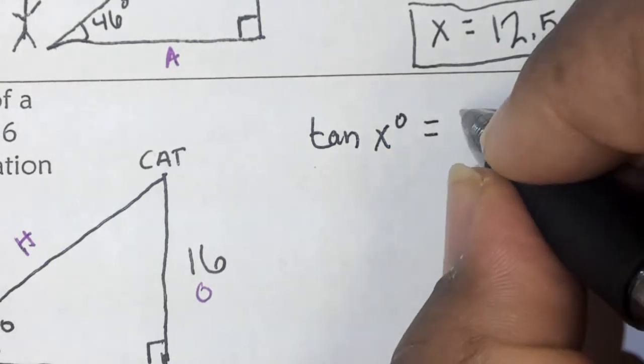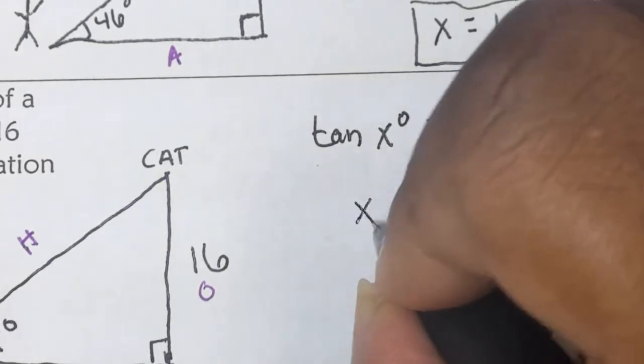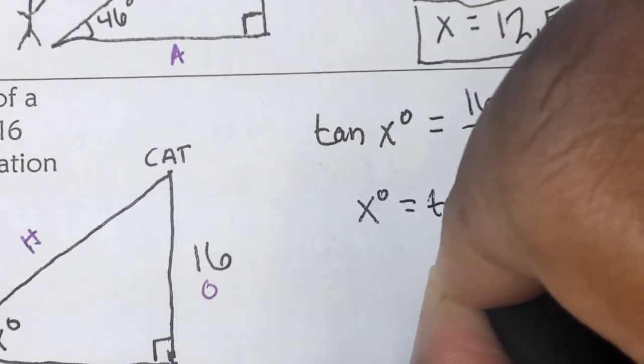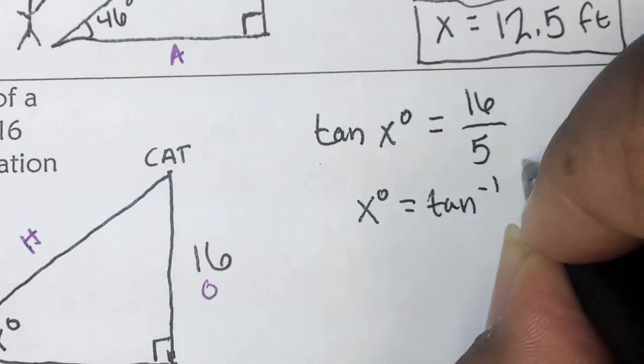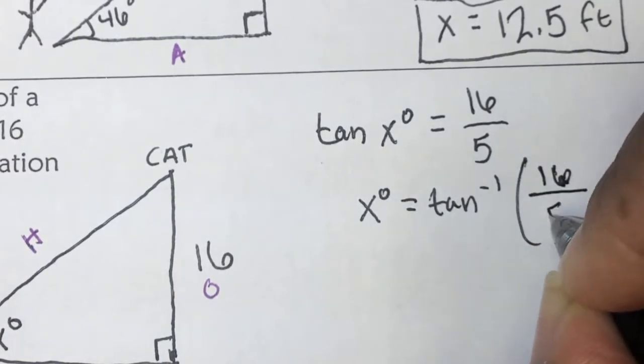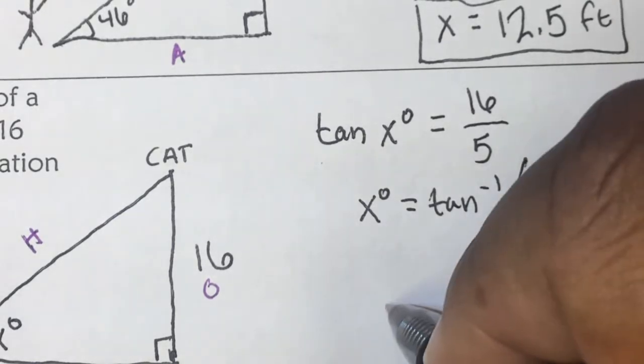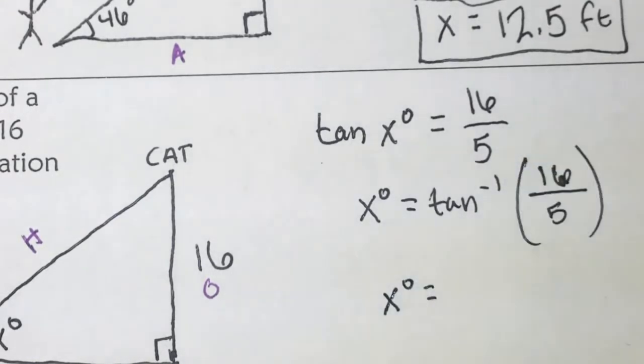Isn't it 16 over 5? Where'd you get 9 from? Oh, I did it wrong because I did my 8 too long and I thought it was a 9. Oh, tan inverse. Okay, okay.